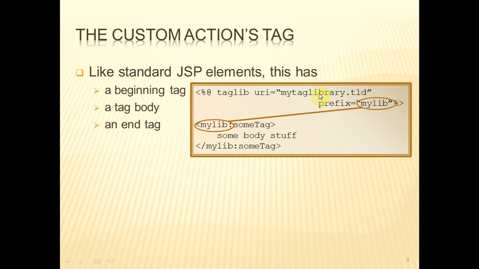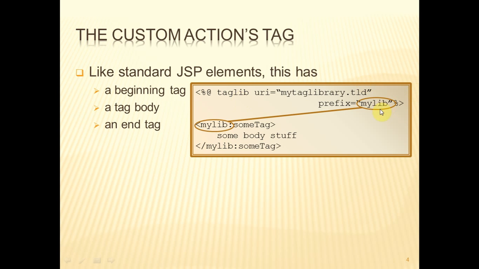And as well as that address, we have a prefix. That prefix is something that will be used within this page to indicate which library we're going to use. Because we could have several of these taglib directives within the page, and therefore we would want to identify which of the several libraries we're using by using its prefix.